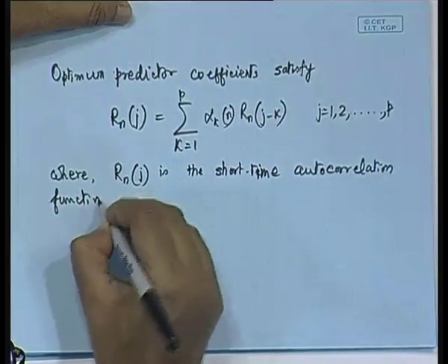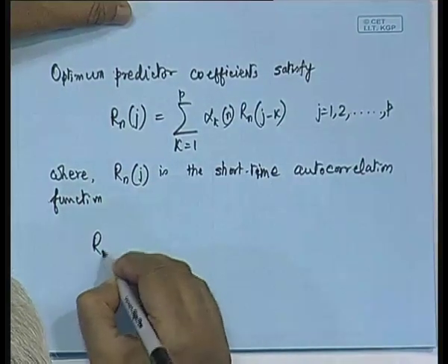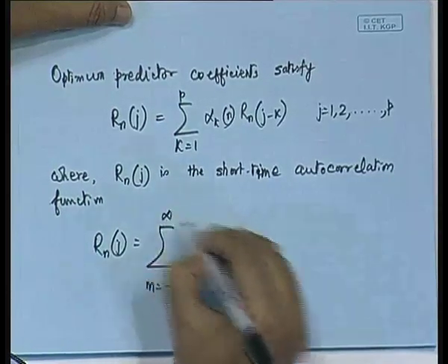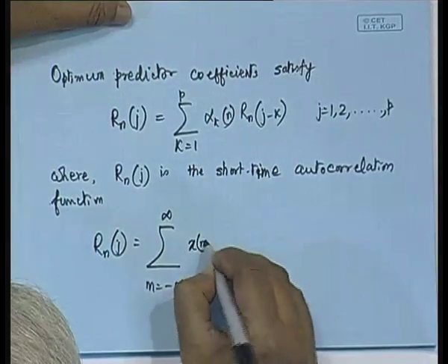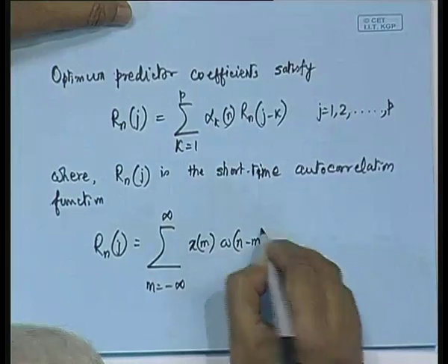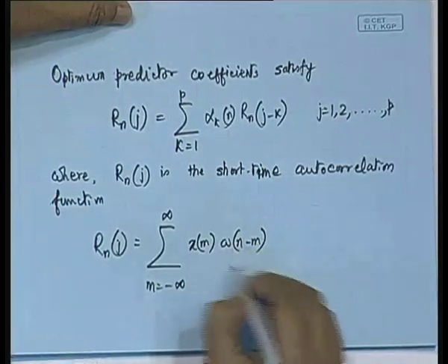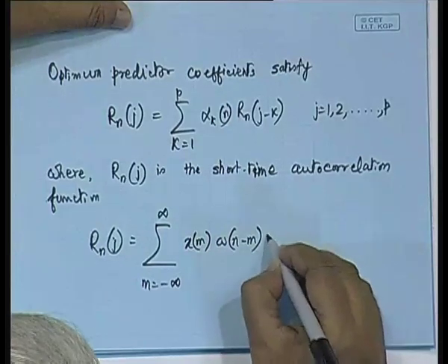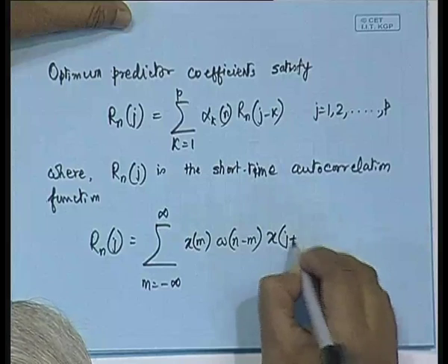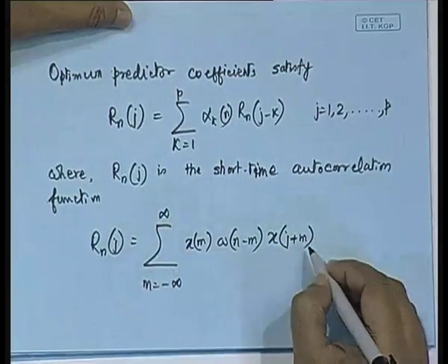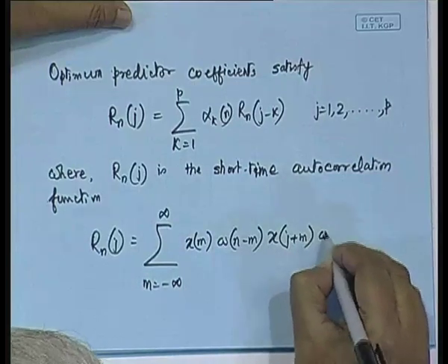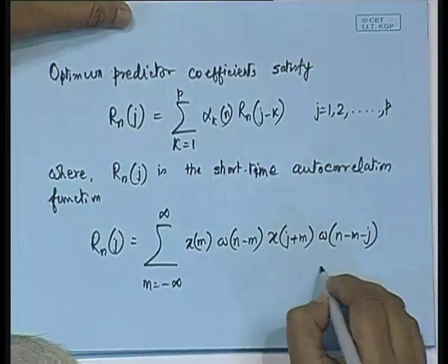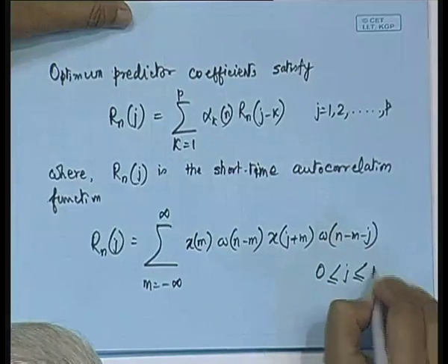And how did we define this R_n of j? R_n of j we defined like this: the sum over m from minus infinity to plus infinity of x of m into w of n minus m, and mind you, it is this w which makes it short time, because w is going to be a finite window, multiplied by x of j plus m, which means to say that you are taking the signal with a lag of j and then multiplying by w of n minus m minus j, for 0 less than or equal to j less than or equal to p.